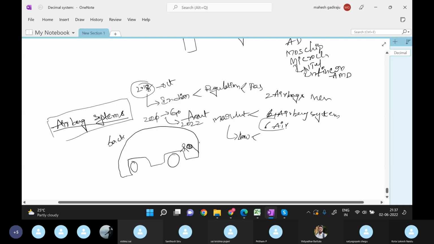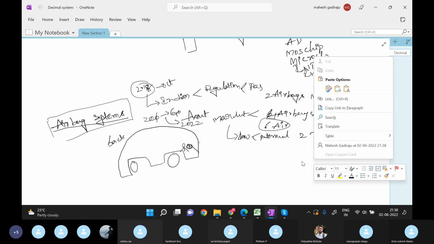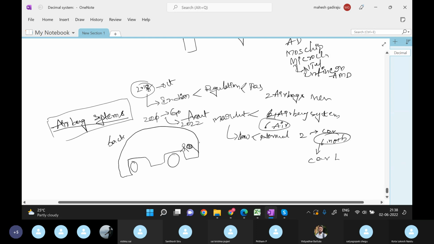If you implement 6 airbags, the cost will go beyond limits, and normal family members who want to move from a two-wheeler to a car would need to wait 6 more months. We already face a lot of issues in the car business, so it may go down, which would affect things.